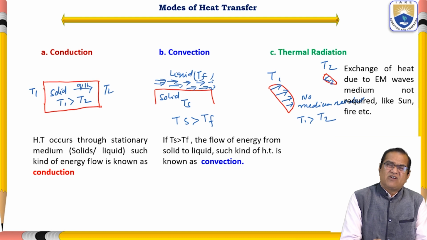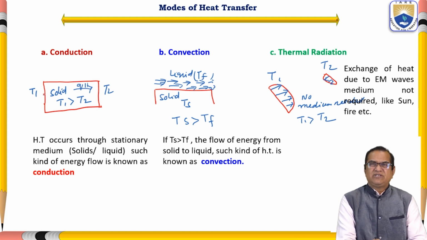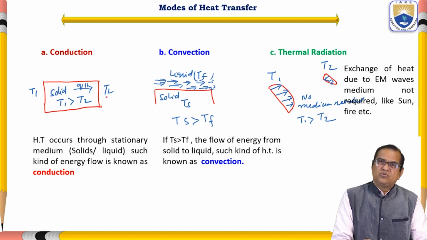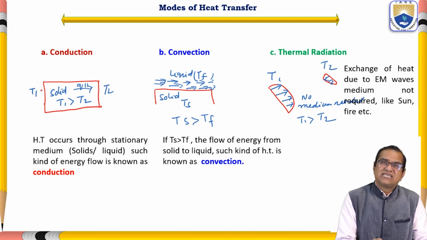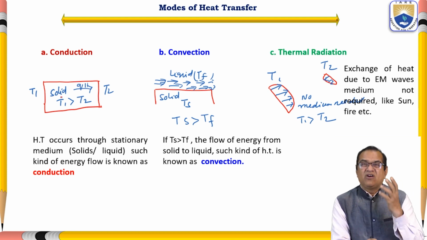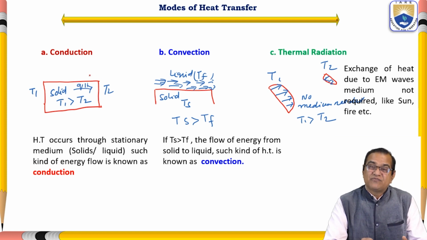If the surface temperature of a solid is T1 and at the exit it is T2, and T1 is greater than T2, then the solid will transfer heat from T1 to T2, and this is called conduction. It happens in two ways: first by the lattice wave method, and another by electron movement.